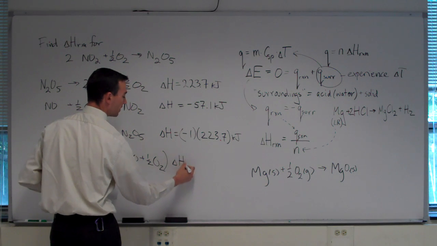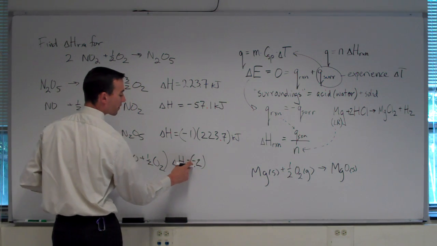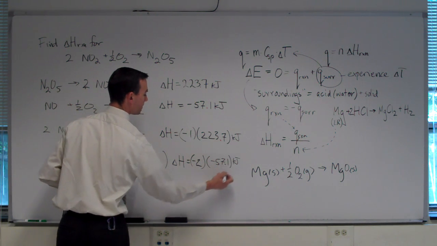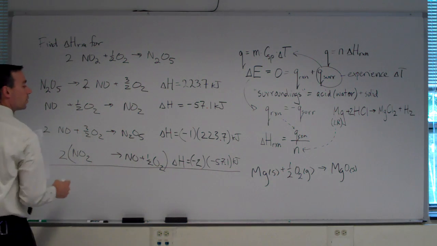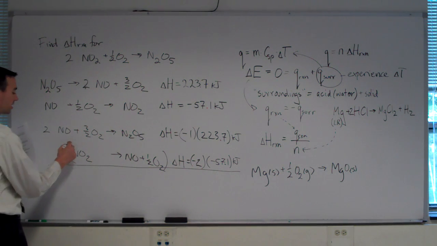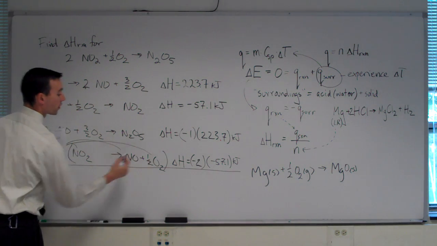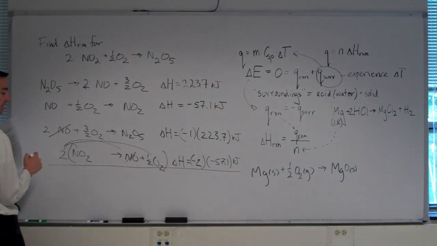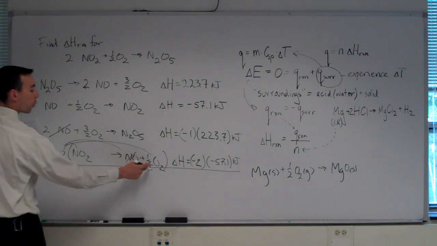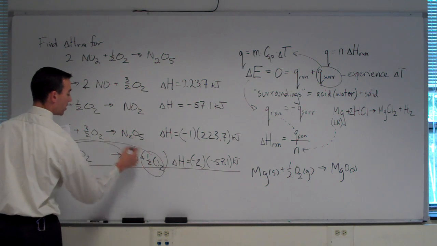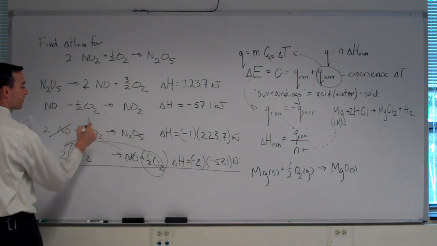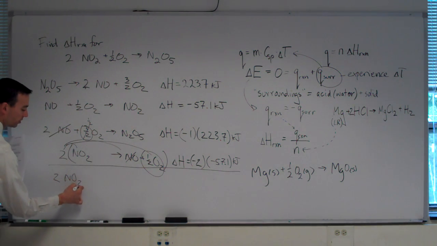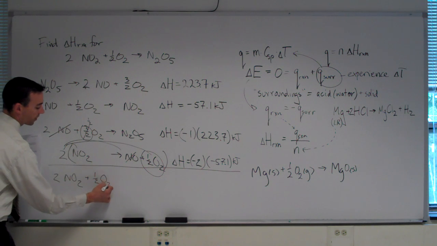So the impact here is -2 for the reverse and the doubling, times the negative 57.1. When I add these two reactions together, first distribute the coefficient 2. So my 2 NOs will cancel out. 1 mole of oxygen would cancel out, leaving a half a mole of oxygen there. And what drops down? 2 NO2 plus half a mole of oxygen.